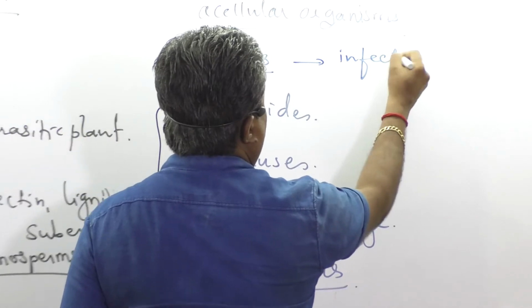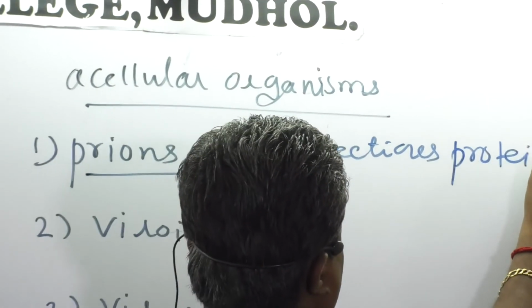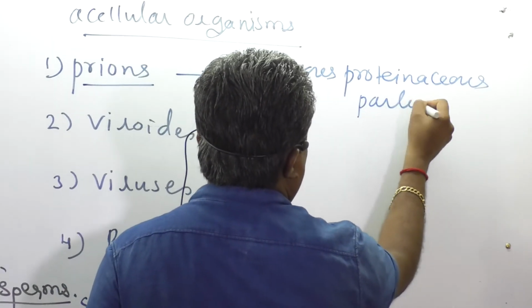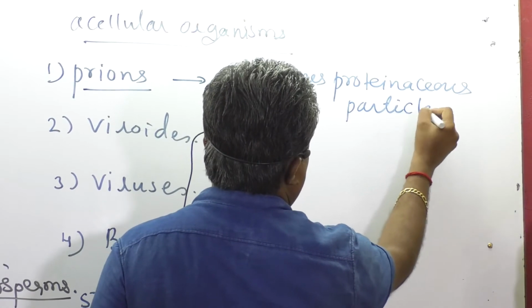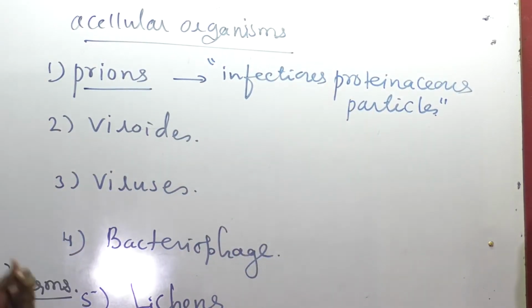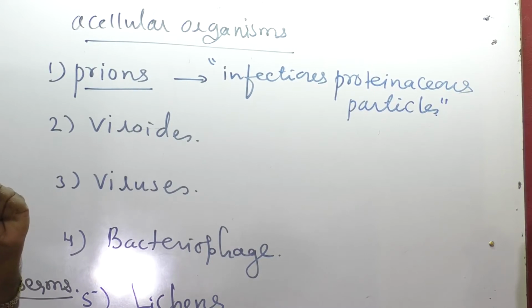What are prions? Infectious proteinaceous particles are called prions. Only a protein particle that causes infection or disease is a prion.